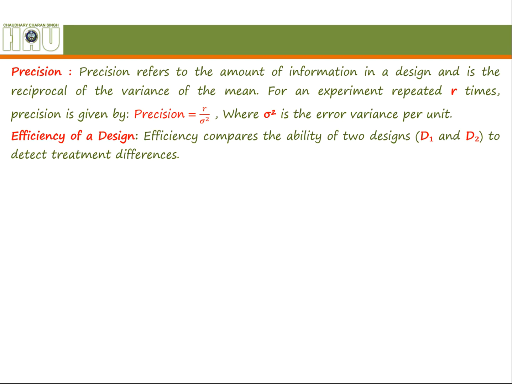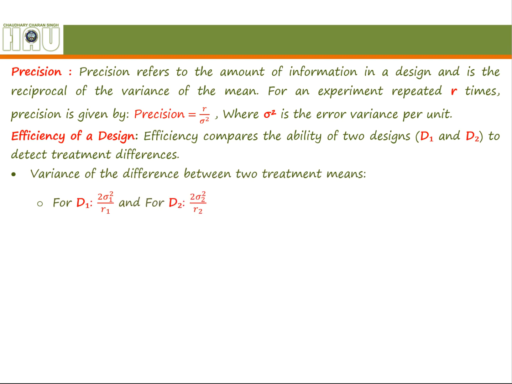For example, if you have two designs D1 and D2 and you want to compare their ability, which one is more able to detect treatment differences? The variance of the difference between two treatment means, for example, in these two designs, for D1 suppose it is 2 sigma 1 square upon R1, and for D2 it is 2 sigma 2 square upon R2. Then how will you find the efficiency of D1 relative to D2?